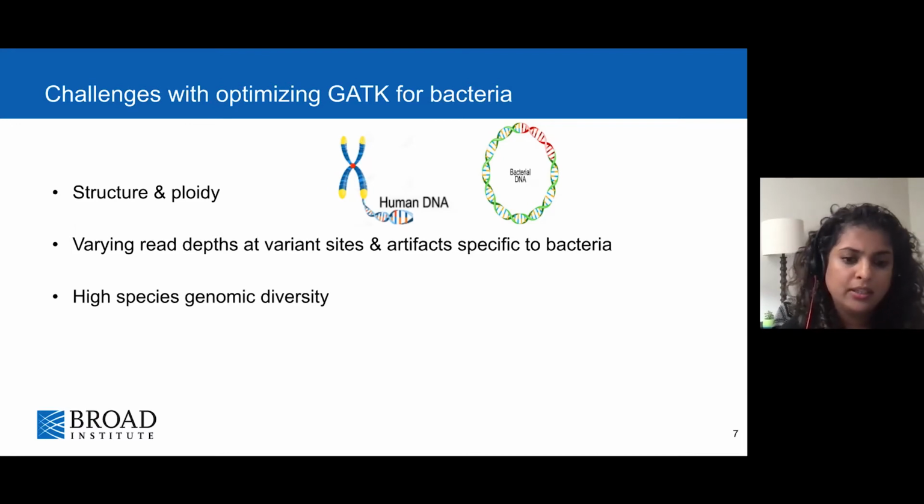And also, bacterial genomes are highly diverse. For example, if you take any two human samples, they're about 99.9% similar. However, for example with E. coli bacteria, if you take any two strains, they are no more than 50% similar in their genome.